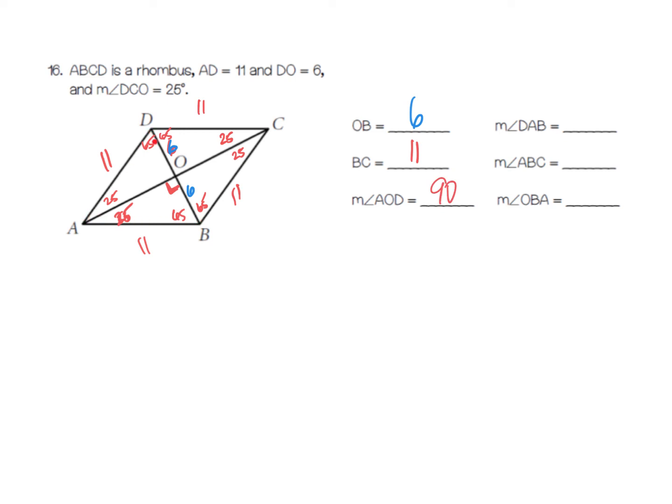DAB, that's the whole big angle, so 25 plus 25 is 50. The measure of angle ABC. ABC, so this big angle here has got to be 130. And then OBA. OBA here is 65.